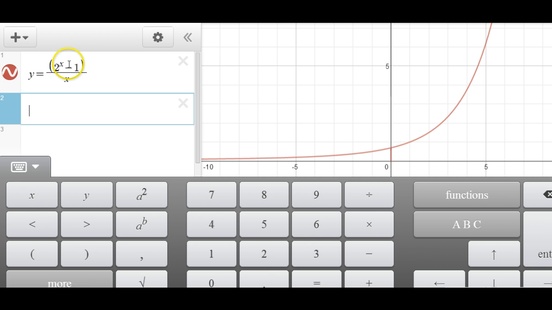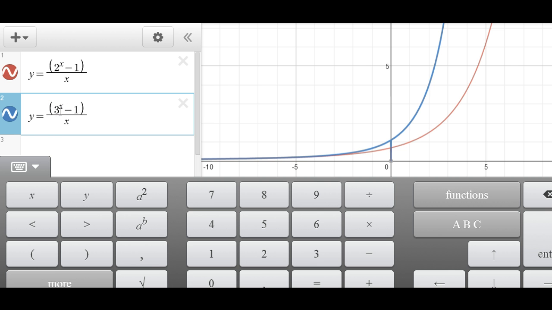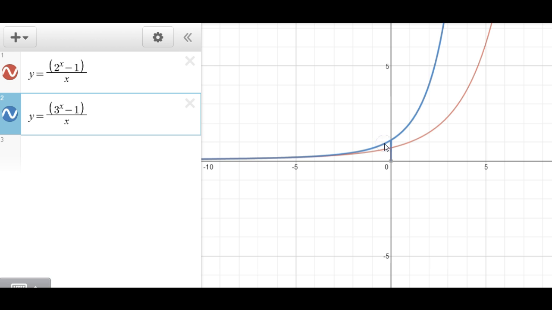And let's do the same thing. Let's copy this and paste it. And we'll try that with a 3. And with 3, we can see, so with 2, we can see we're a little bit under 1, and with 3, we're a little bit over.